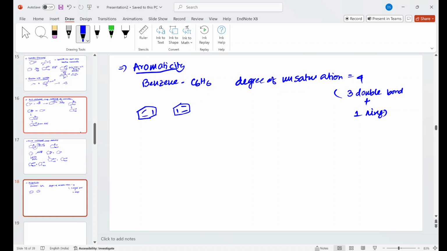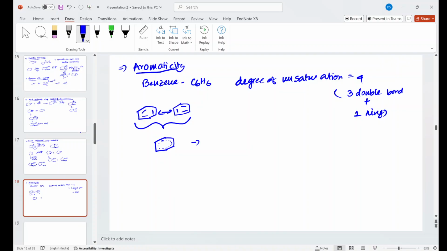Okay, these two are similar structures. So this is actually called resonance, and the resonance hybrid is generally represented like this. Okay, so there are some typical anomalies, like what you expect from a conjugated double bond and from benzene. So there is some extra stability due to this aromaticity.